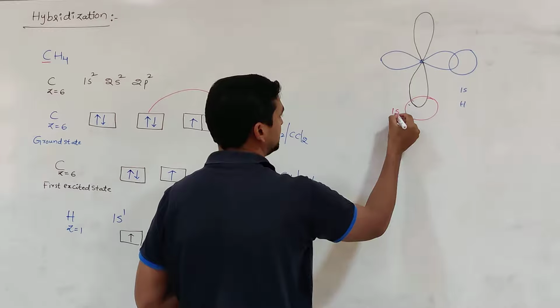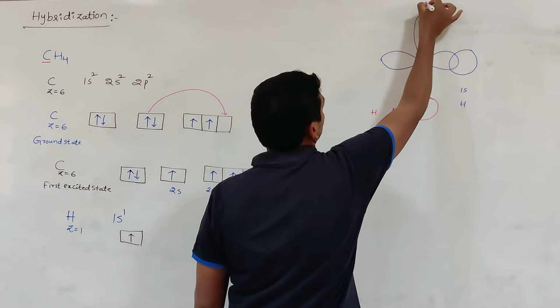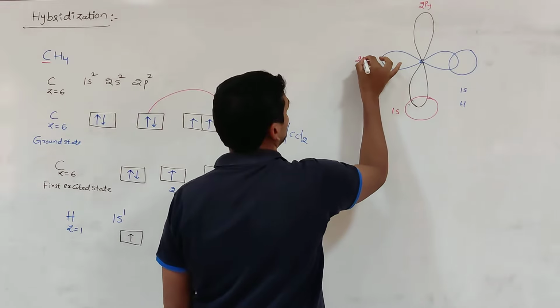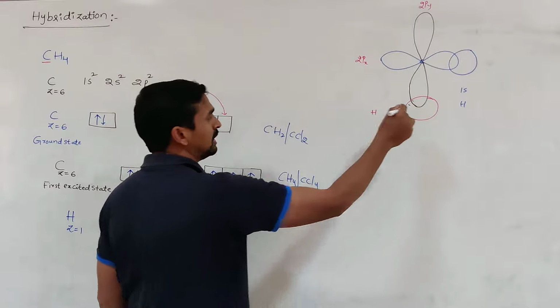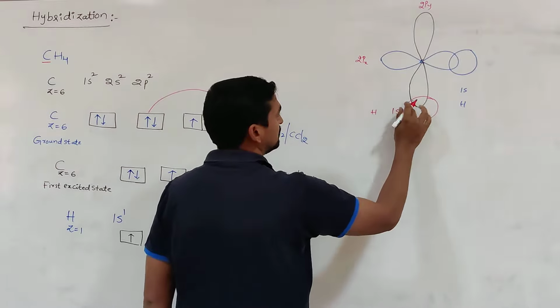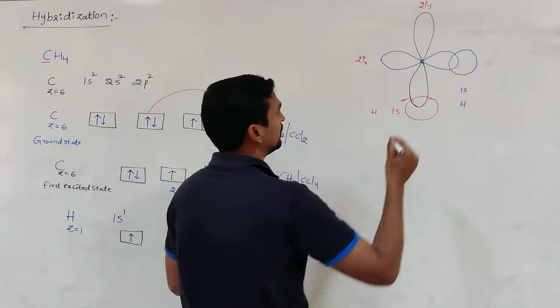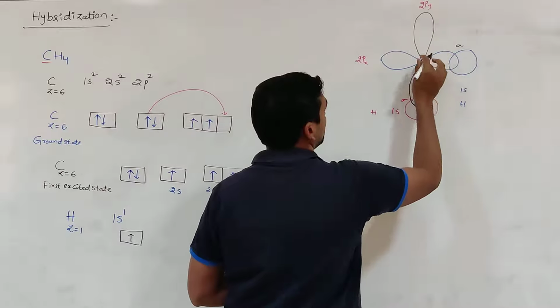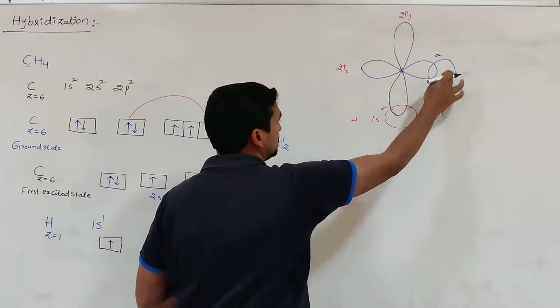This is the 1s orbital of hydrogen and this is 2py, and say for example this is 2px. So again a sigma bond is formed here, and here also a sigma bond is formed. These two orbitals belong to carbon, and these two belong to hydrogen.